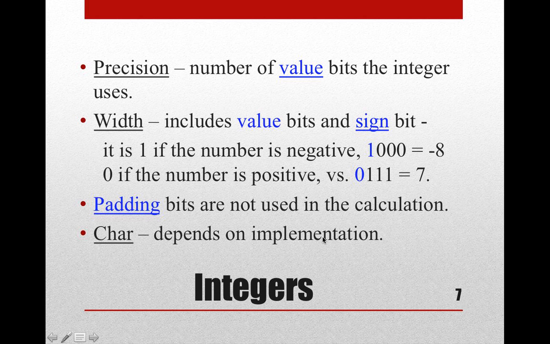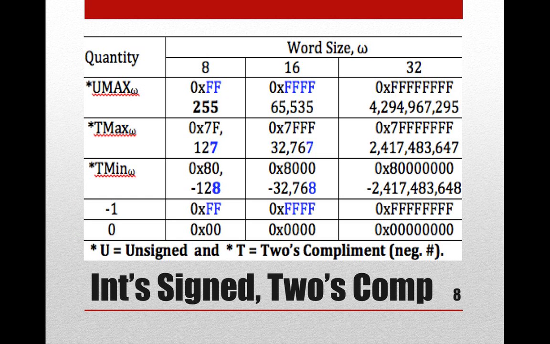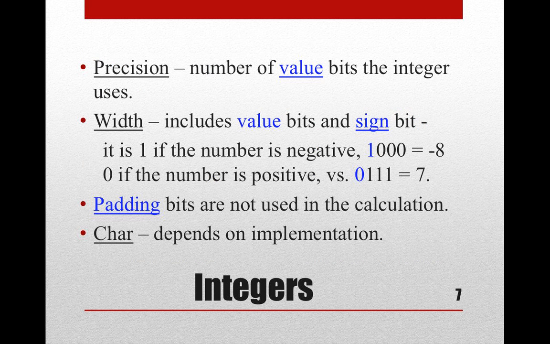Actually, some of this does depend on the implementation. I'm trying to keep things fairly general, and I think everything that I have here is correct, but some of this is dependent on the implementation. There's a couple things you want to try to remember from this chart. Remember I said that the negative number here is -8 and this is 7.